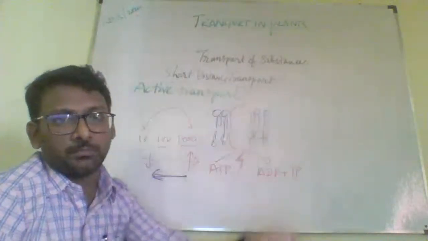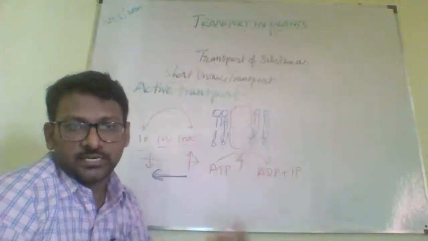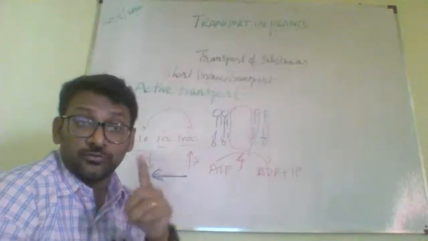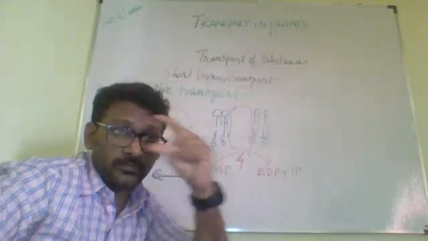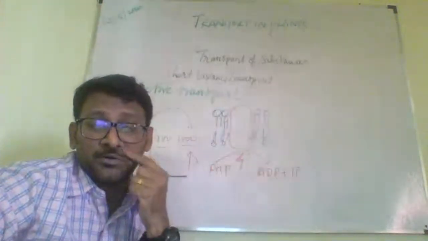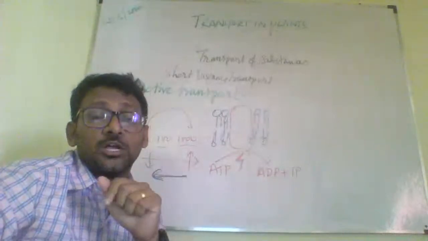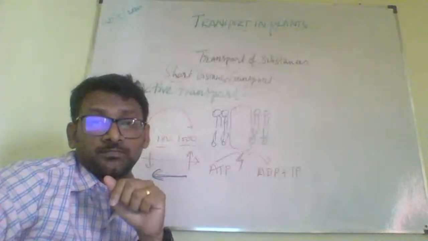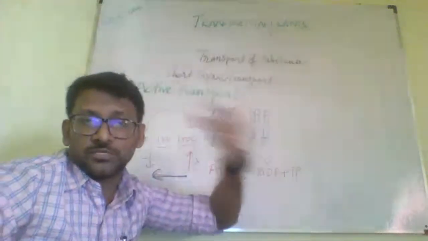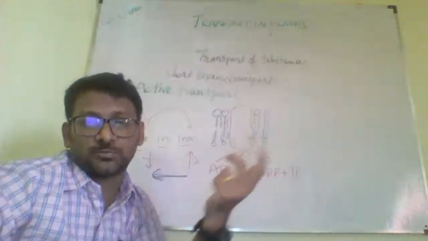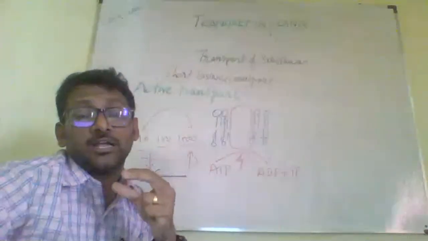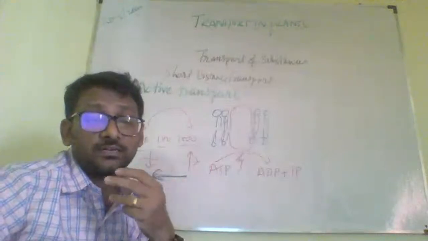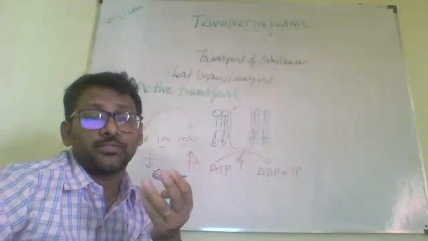So those need to be pumped into the cytoplasm, or they need to be pumped out. If you remember our membrane dynamics of the axolemma, we talked about the sodium and potassium pumps. When the concentration of sodium is high, how the movement of ions takes place against the concentration gradient, we talked about.